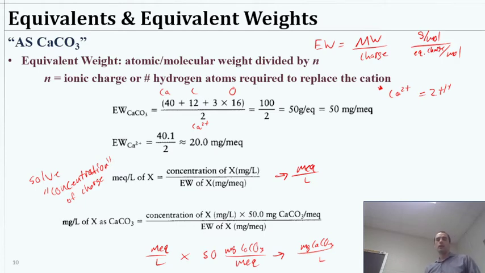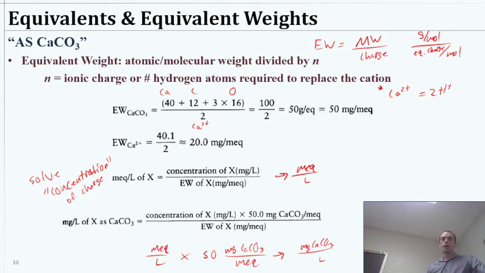We've got this equivalent weight of CaCO3, and the definition here is the molecular weight divided by the charge of the cation, which would be Ca2+.